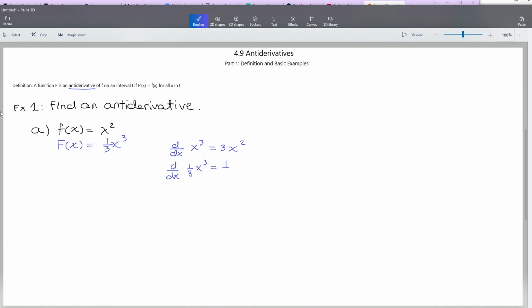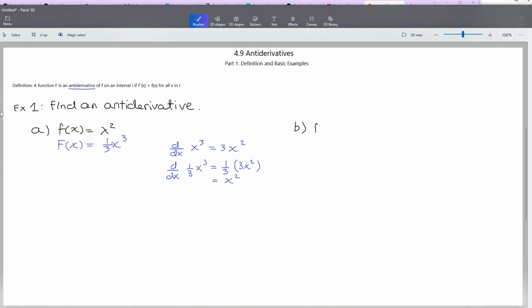I have 1/3, and then the derivative of x cubed is 3x squared. The 1/3 and the 3 will cancel, and I'll just be left with 1x squared.